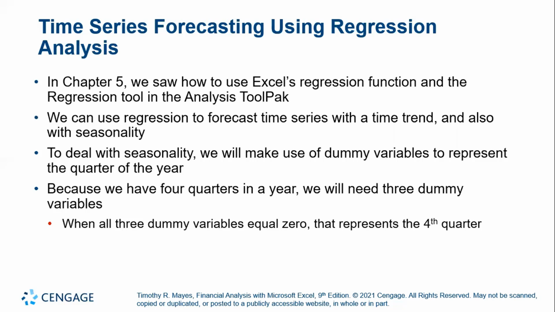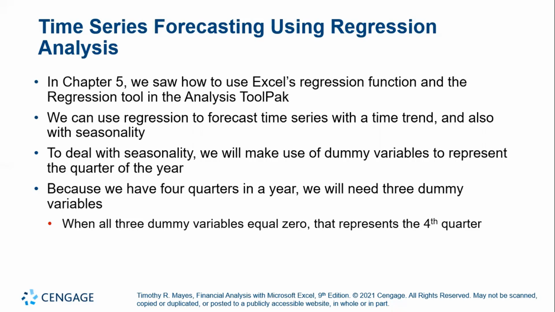Time series forecasting using regression analysis. In Chapter 5, we saw how to use Excel's regression function and the regression tool in the analysis toolpack. We can use the regression to forecast the time series with a time trend and also with seasonality.